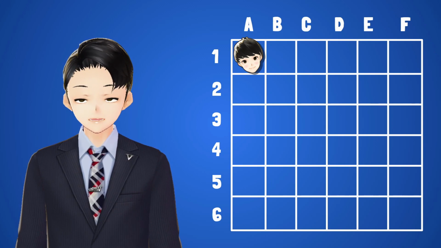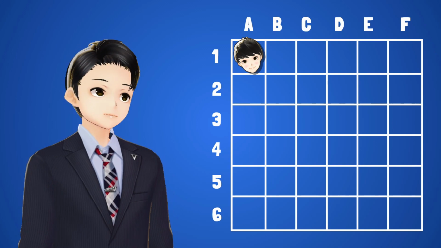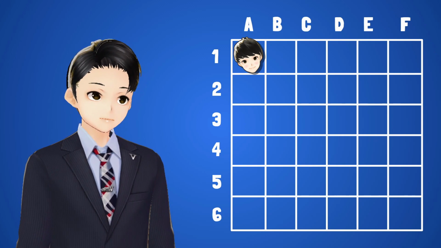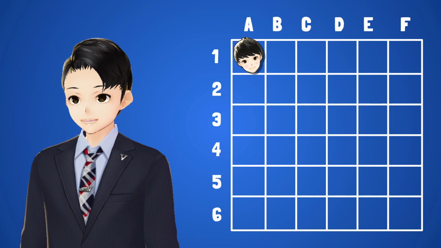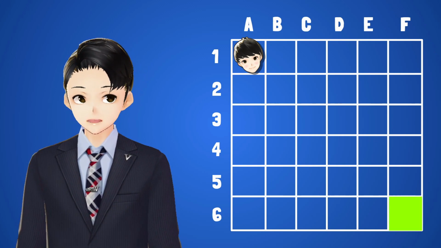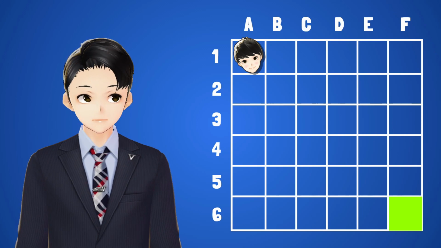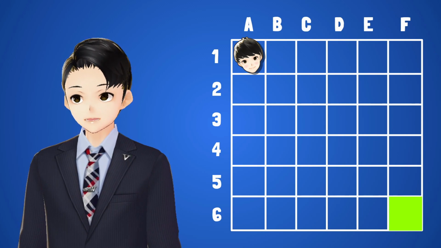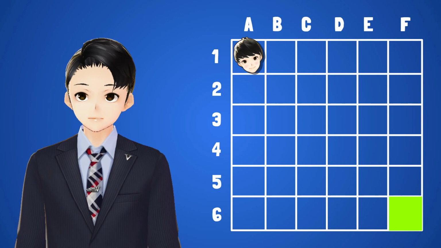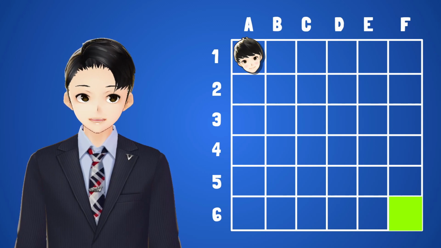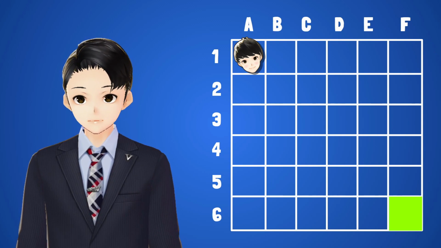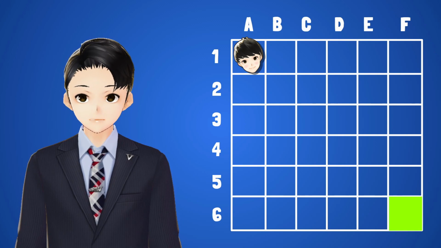Can you point where F6 is at? Okay, F6 is over here, which we have put a green cell in. So F6 has a green cell.